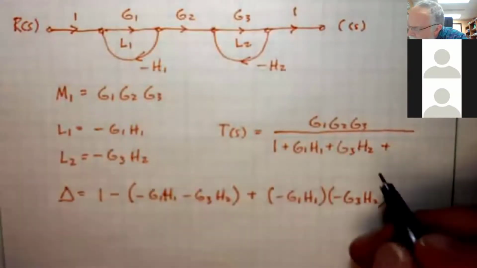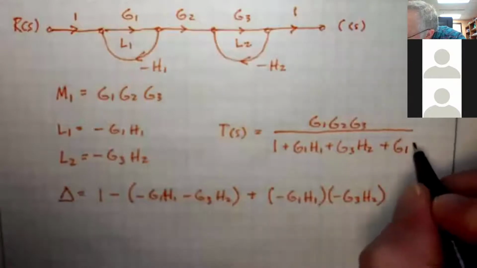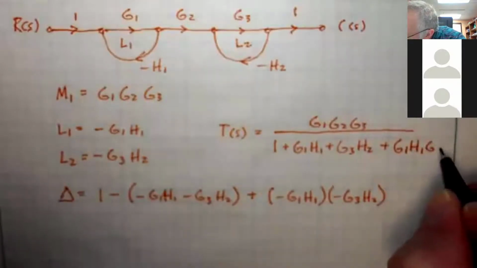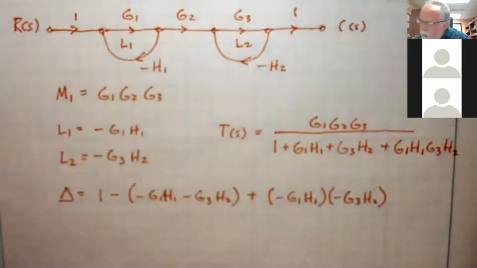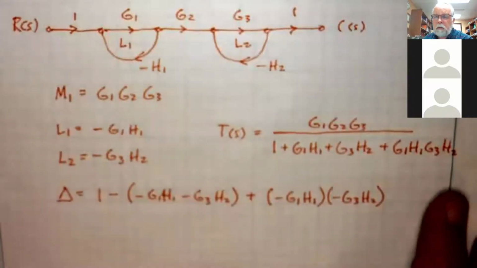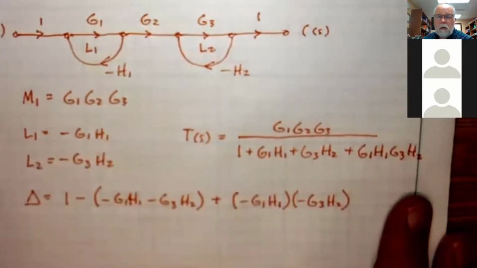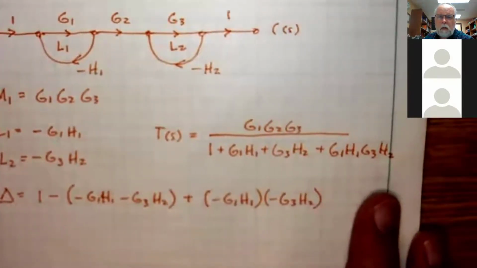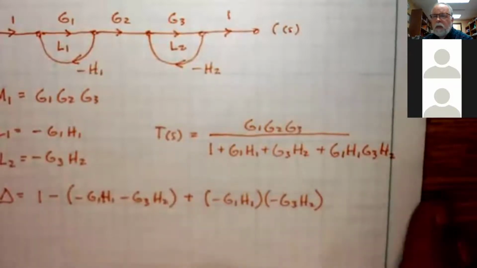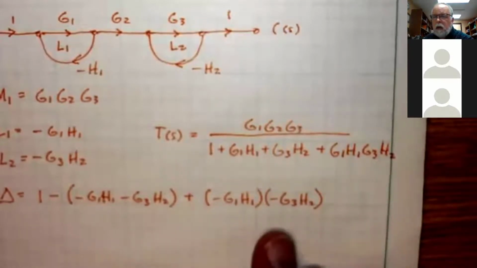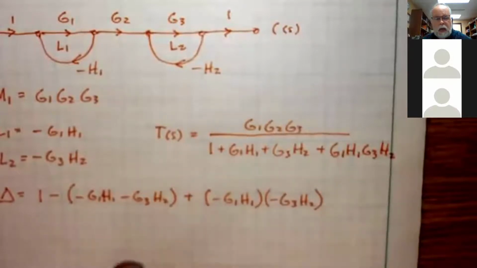Negative times a negative gives it a positive. G1, H1, G3, H2. Okay. So that's all there is to Mason's gain formula. We can make more complicated interconnections of transfer functions, and we can always use this for the next one.